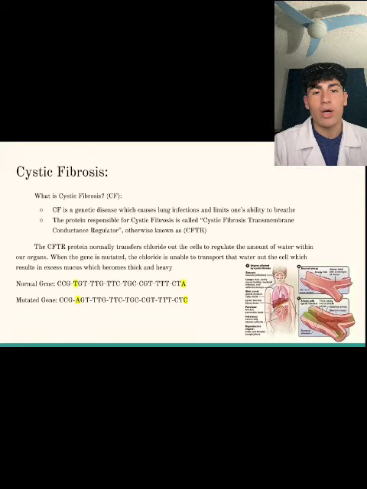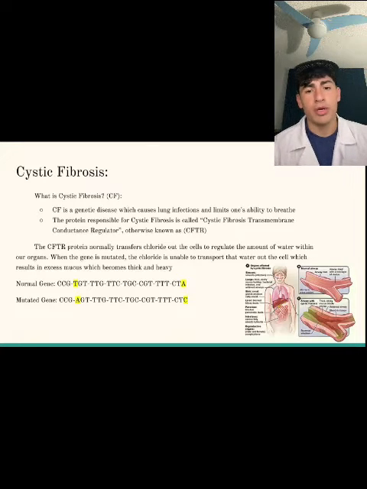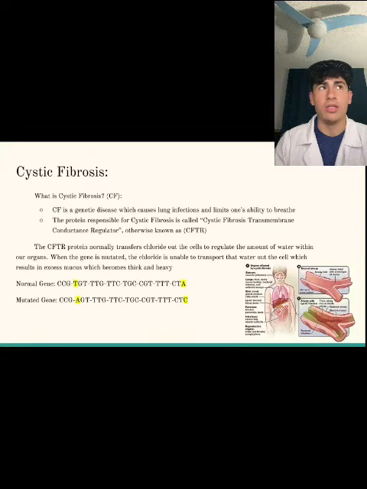In a normal gene, if you take a look here, we can see that it looks pretty normal, but the highlighted parts are where the gene is mutated. If you look at the mutated gene, those parts are flipped and changed, which would result in cystic fibrosis.